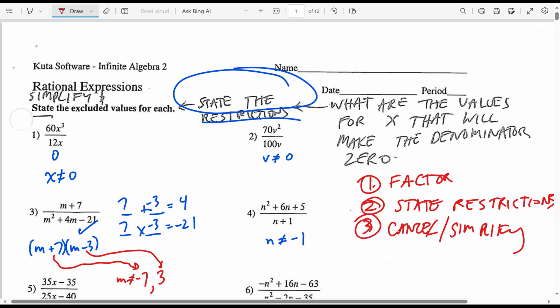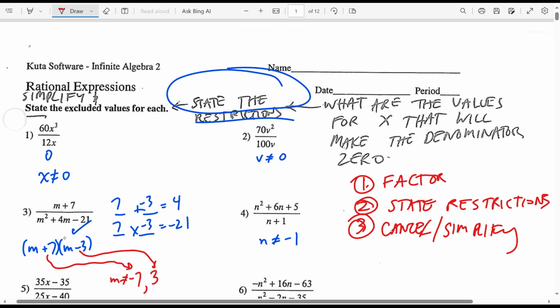M plus 7. But I still wanted to know the additional thing that m could be. This is still part of the denominator from the original one, so I still want to state it as part of my restrictions. Then I'm going to go ahead and cancel it out.